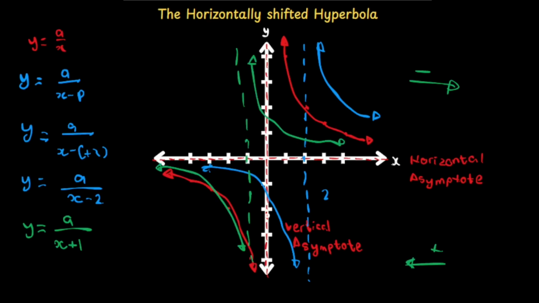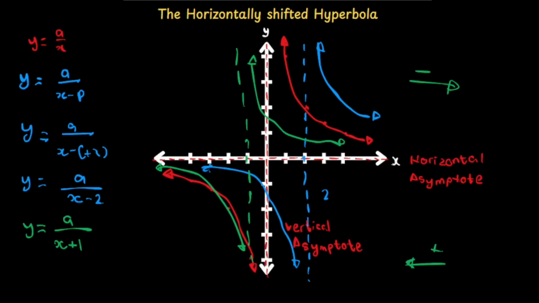Okay guys, so in order to see the shape of this function, I want you to look at the green graph that I've plotted, the green hyperbola, so that you can differentiate between the types of shifts. You don't have to worry too much about the shape itself, but understanding the way the shape works in a hyperbola would allow you to understand how the x value of the vertical asymptote is found. That's very important.